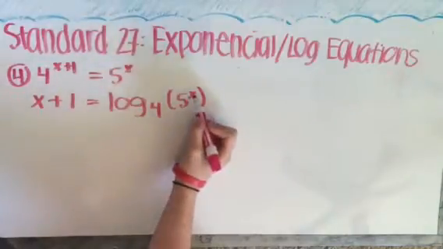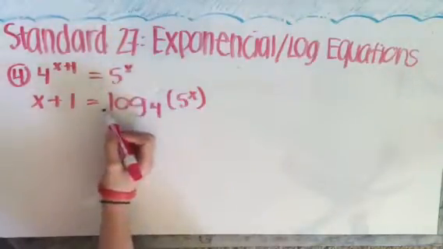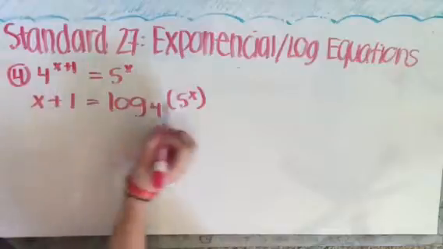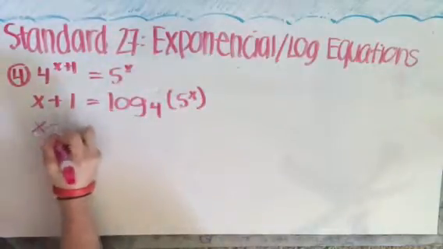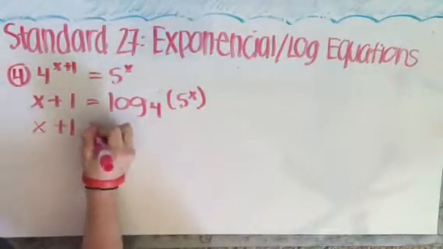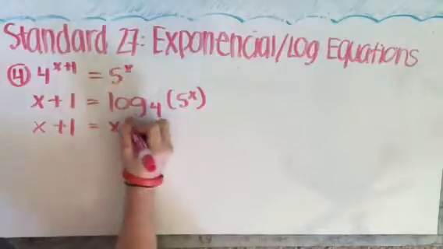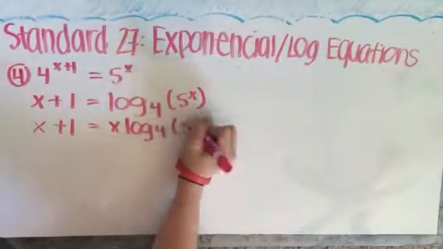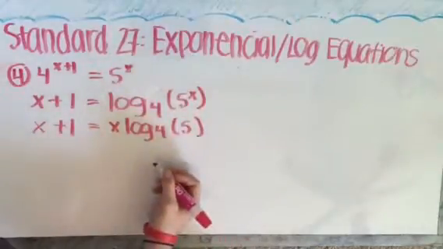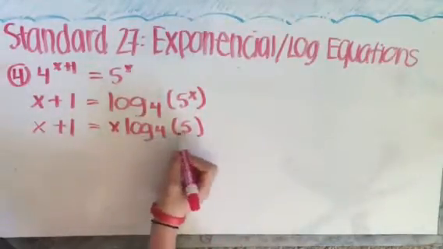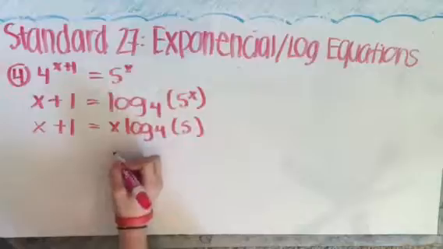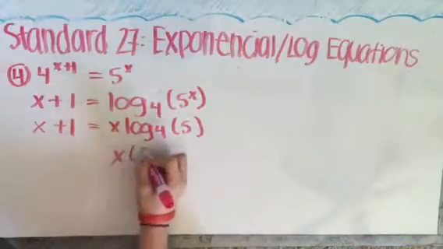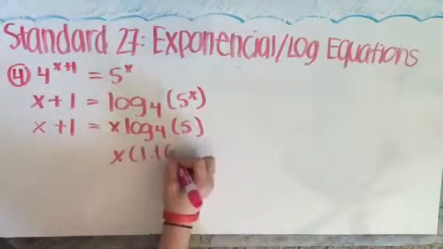And then since the exponent can also be used as a coefficient, you're going to move the exponent to the coefficient. So x plus 1 is equal to x log base 4 of 5.